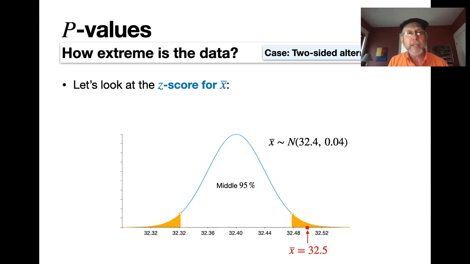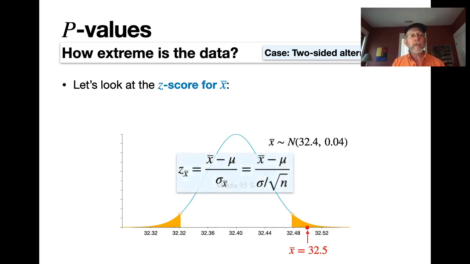We know that the z-score is the data value minus the mean over the standard deviation. You just have to remember to use the standard deviation that's appropriate for whatever variable you're looking at. Here we're thinking about x bar. So when we're talking about the z-score for x bar, we need to use the standard deviation of x bar.